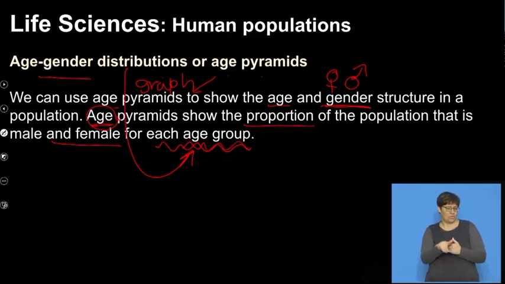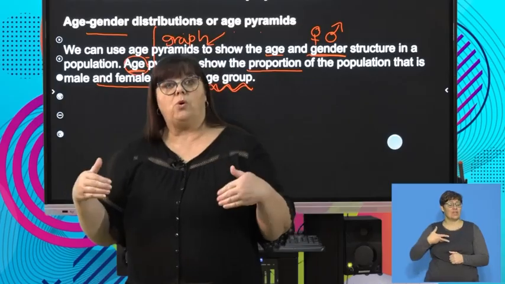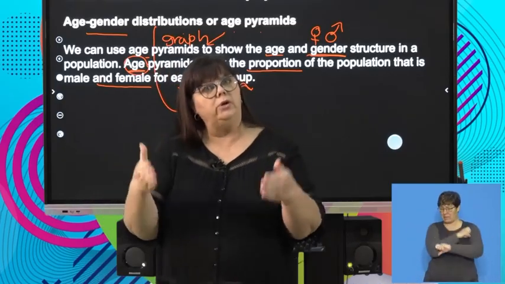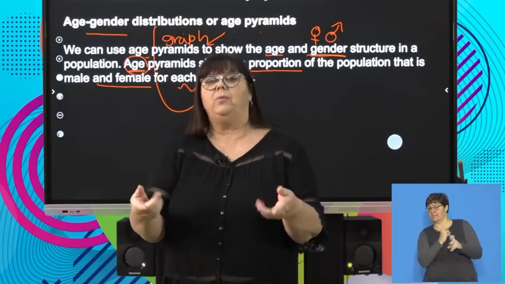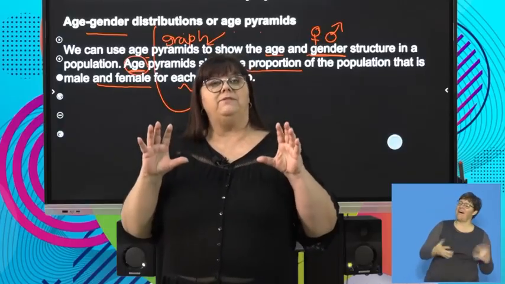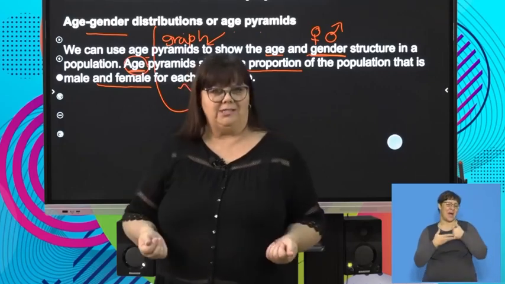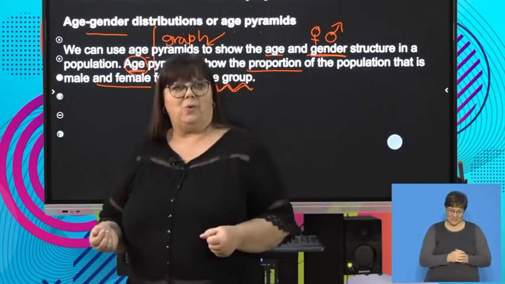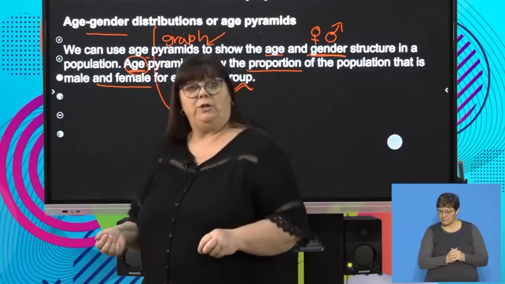So an age-gender distribution is quite complex when you look at it for the first time, but once you know what you're analyzing, it becomes very useful and a lot easier. So let's look at one of these distribution graphs.